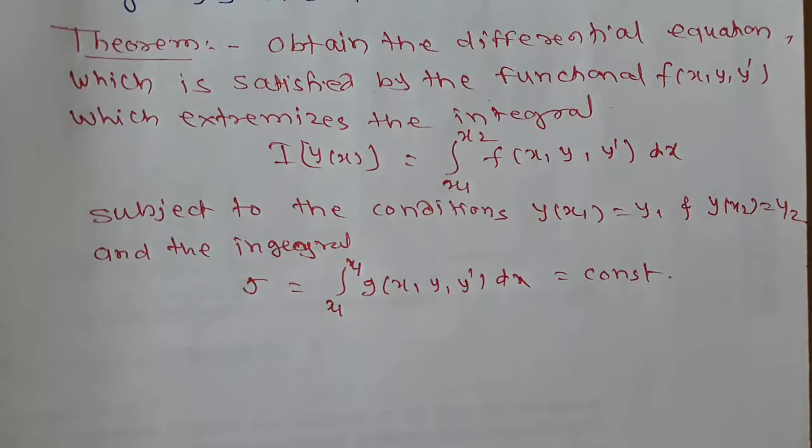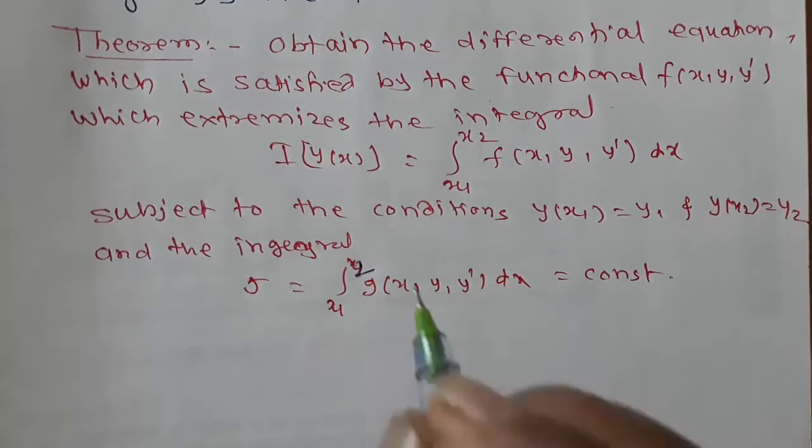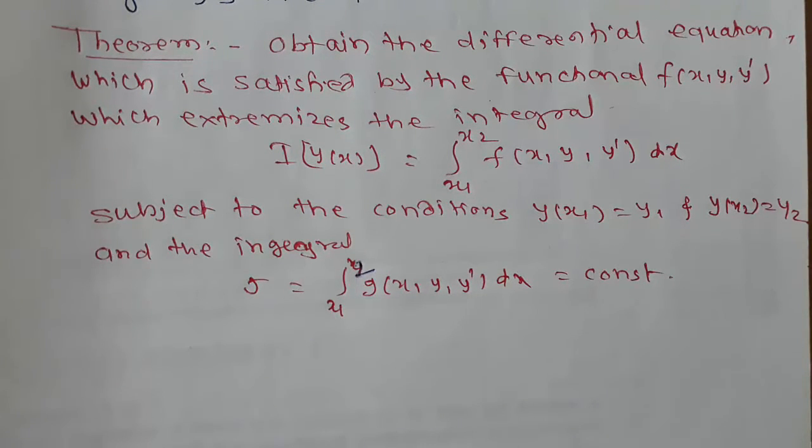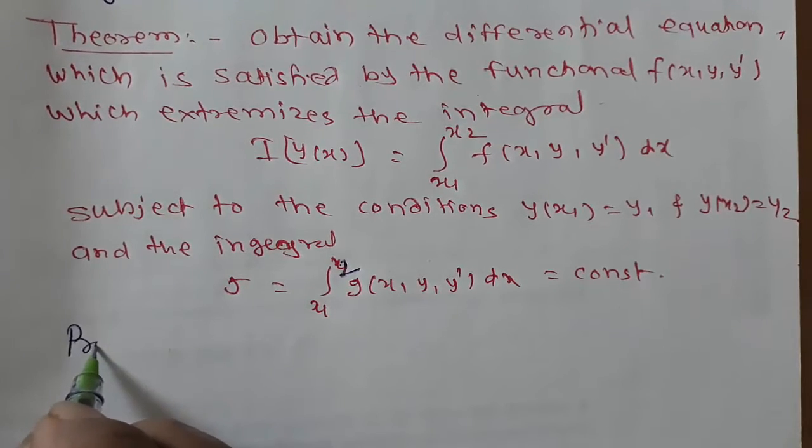Obtain the differential equation which is satisfied by the functional f of x, y, y dash, which extremizes the integral I[y(x)] equal to integration from x1 to x2 of f of x, y, y dash dx, subject to the conditions y at x1 equal to y1, y at x2 equal to y2, and the integral J equal to integration from x1 to x2 of g of x, y, y dash dx equal to constant. The proof of the theorem is as follows.